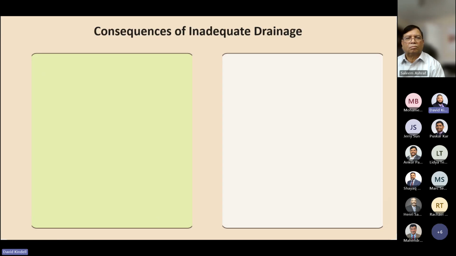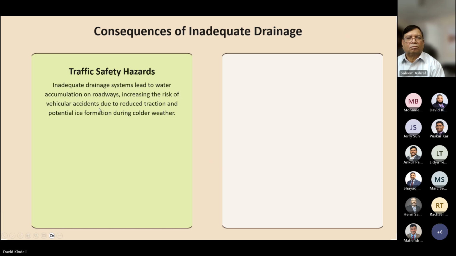Like I was saying about the consequences of inadequate drainage, there are traffic safety hazards. When you don't have an adequate drainage system, water floods the roadways, and that can increase accidents due to ice formation and cold water.